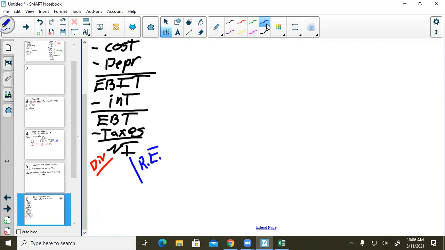Remember when we talked about the figure on page 14, how the money flowed through the system, right? Where was the biggest arrow going? Back into the company. Very good. Retained earnings. We were putting that back into the company. You remember what we called that? Plowback. Okay. So we called it plowback.